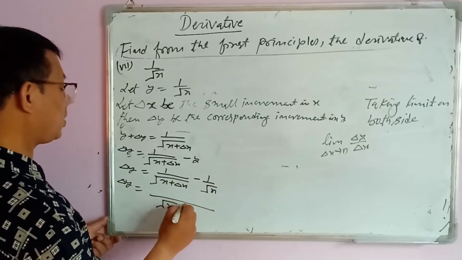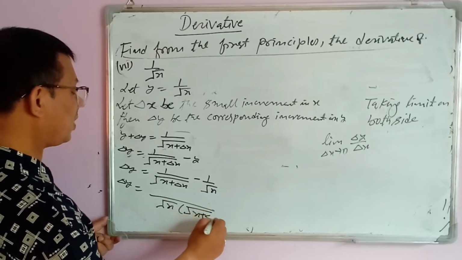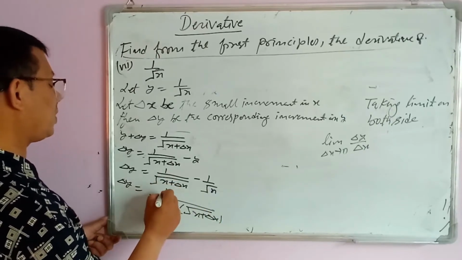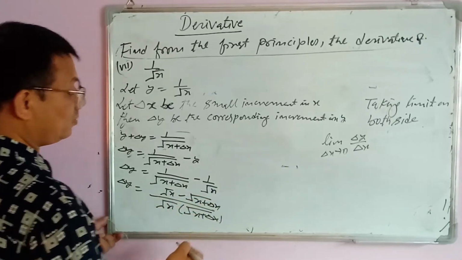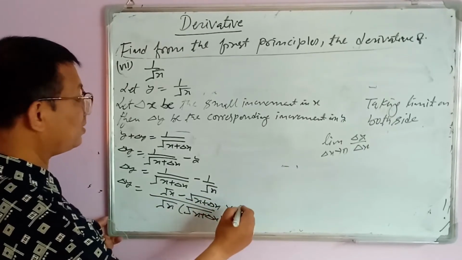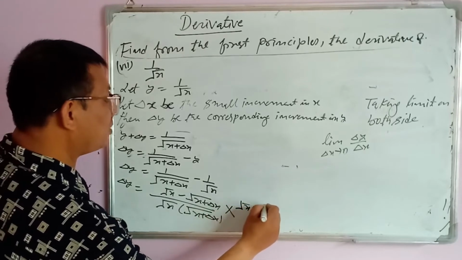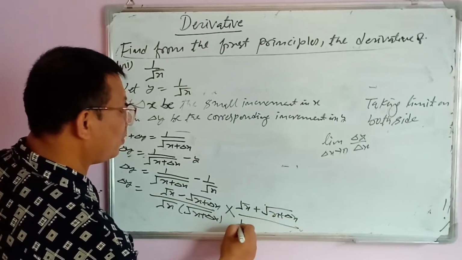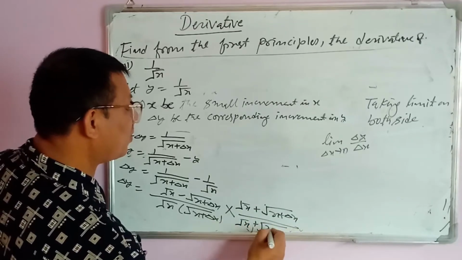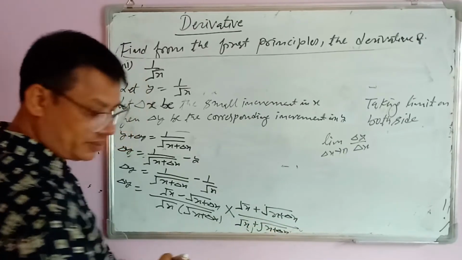Root x plus delta x, root x. The numerator is root x minus root x plus delta x. Now we should rationalize, so I'll do the rationalization here only: root x plus root x plus delta x upon root x plus root x plus delta x.